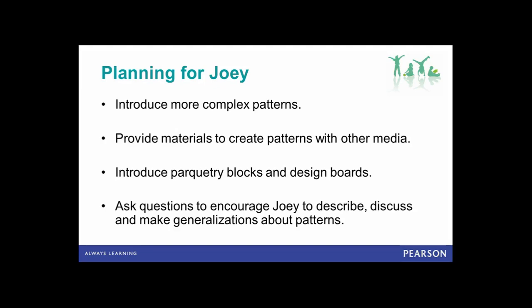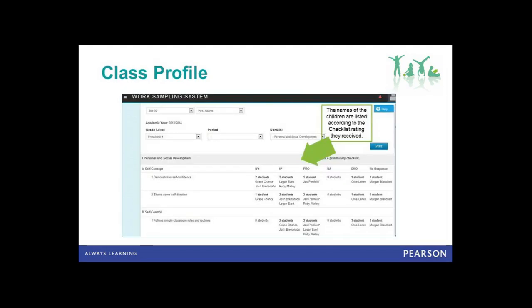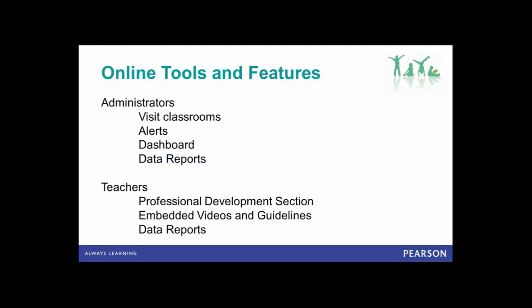And the last slide we're going to have time to look at covers things we've looked at when we were over on the online side. A couple things just in terms of making sure you're using all your online tools and features. Administrators, we would encourage you to visit the classrooms, virtually that is. Of course, it's always nice to go in person if feasible, but you can visit classrooms in the way I just demonstrated online. Remember to use your alerts.